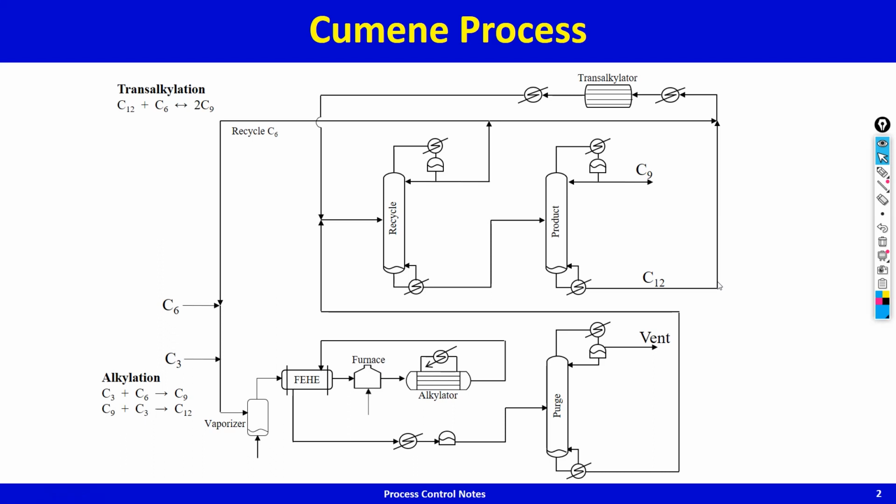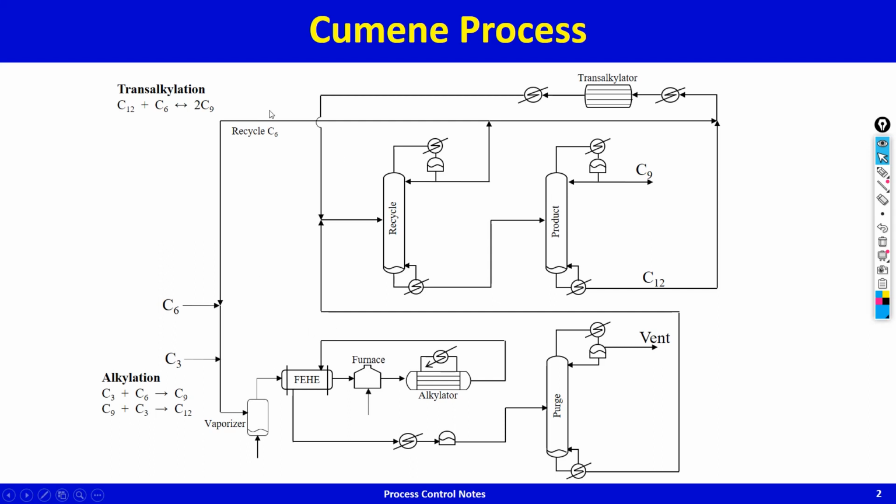Now a feature of this process that needs to be understood is that C12 gets generated in the alkylator, and how much gets generated depends on the operating conditions in the alkylator, the excess C6 to C3 ratio in the alkylator. The more the excess ratio, the less the C12 that gets formed.